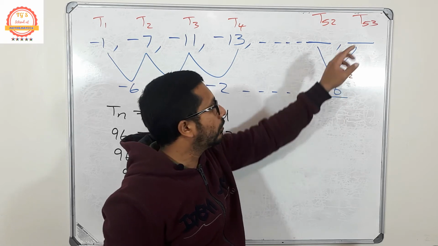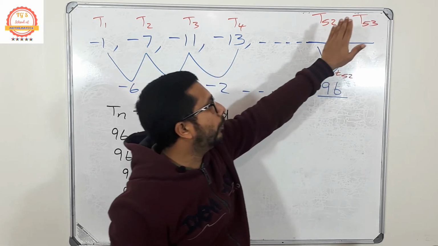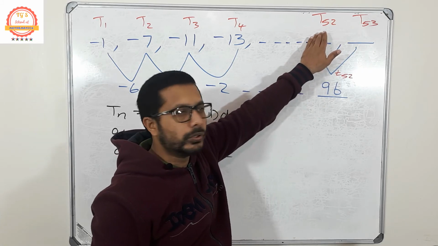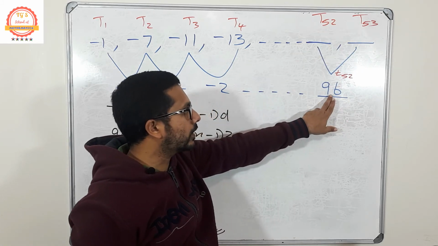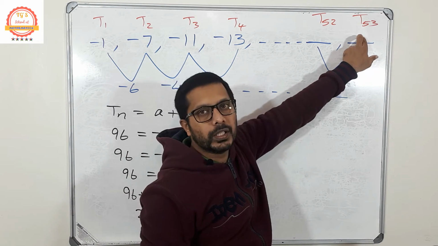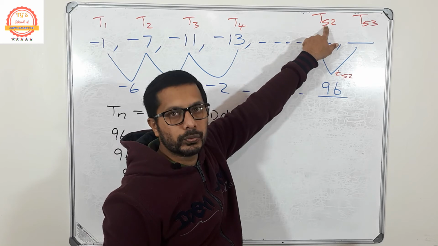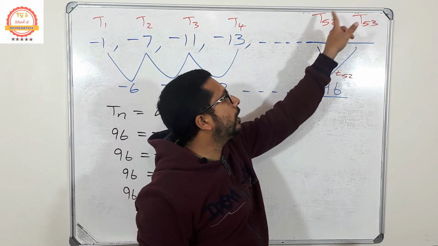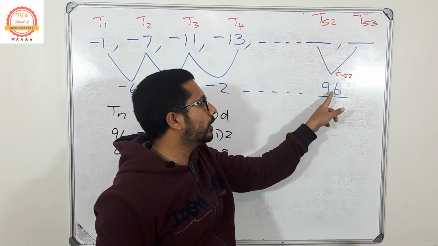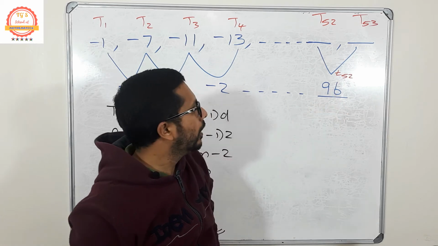Do you understand? So you subtract this number minus this one, you are supposed to get this 96. What is the value of n here? 53. What is the value of n here? 52. So t53 minus t52, that is this 96.